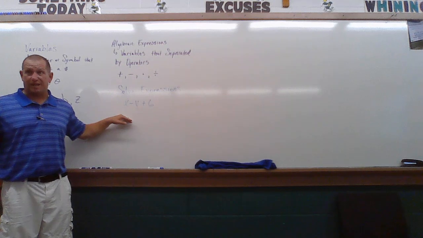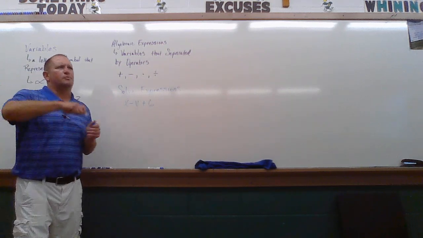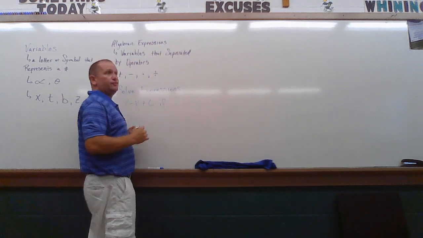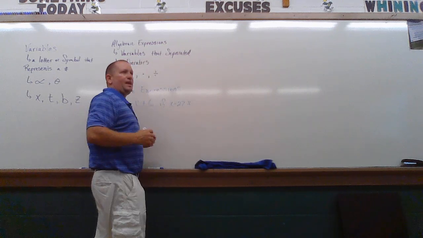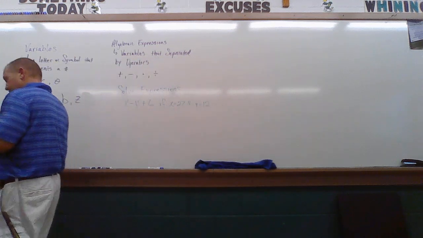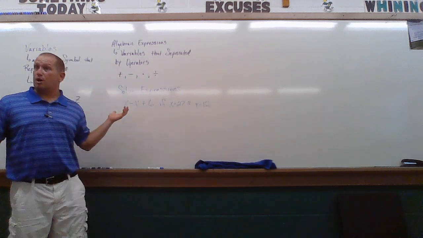Okay? That's okay. Sometimes you might have variables in your answer. But in this case, they actually tell us. So we want to solve if x is equal to 27 and y is equal to 12. So now all we're going to do is substitute what they tell us into the problem.